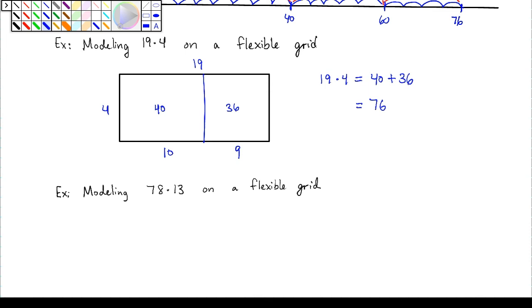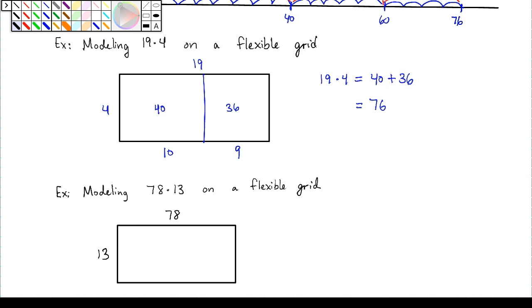So I'm going to do 78 times 13, and I'm going to represent this with a rectangle. This is very, very imprecise, but it's going to be 78 wide by 13 tall. Again, we're imagining that grid underneath.